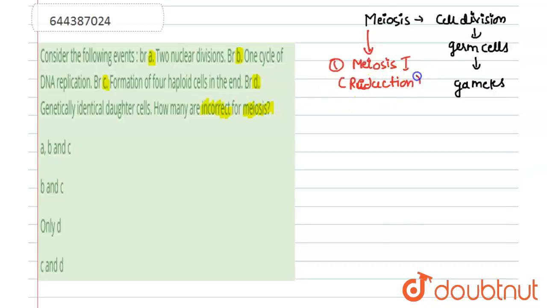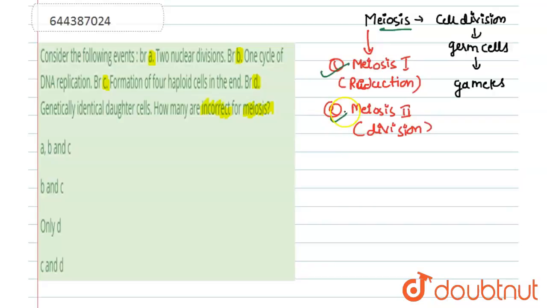The second one is meiosis 2, also called equational division. So there are two stages in meiosis, wherein the nucleus divides twice.